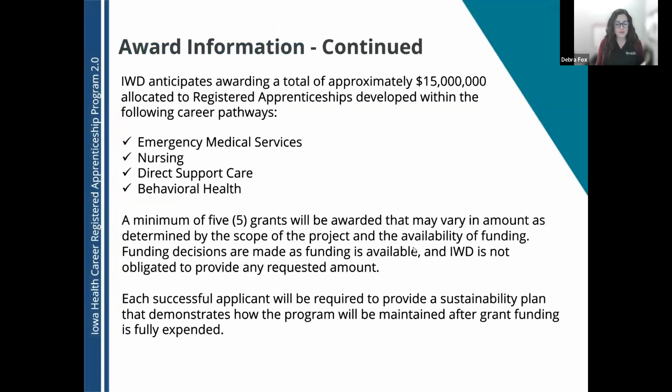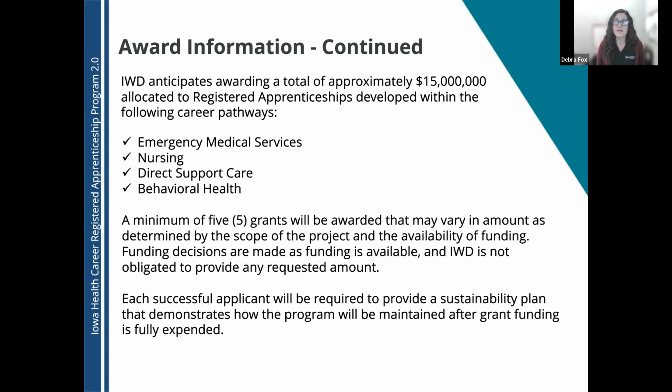So award information continued. IWD does anticipate awarding a total of approximately $15 million allocated to registered apprenticeships developed within the following career pathways: emergency medical services, nursing, direct support care, and behavioral health.